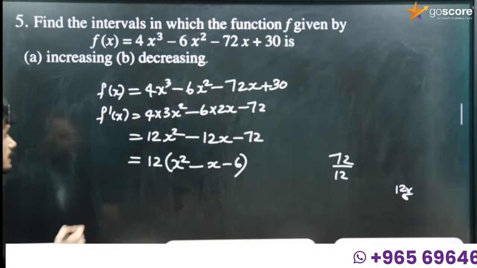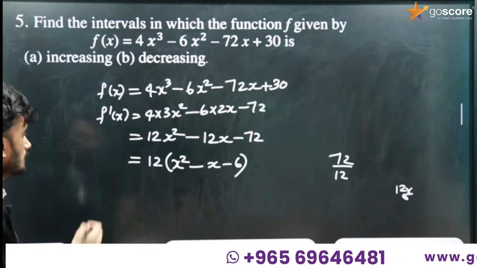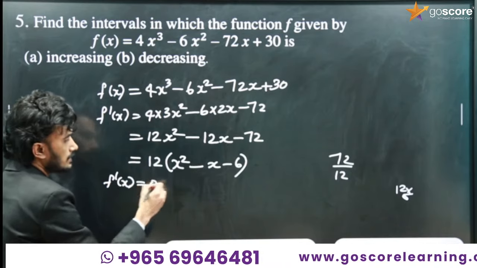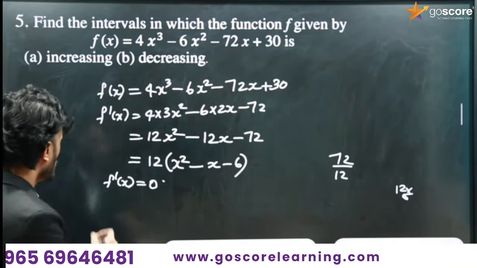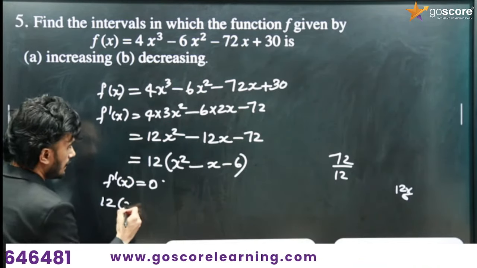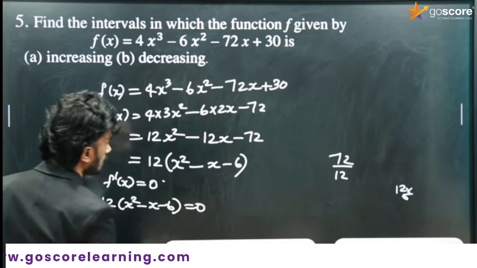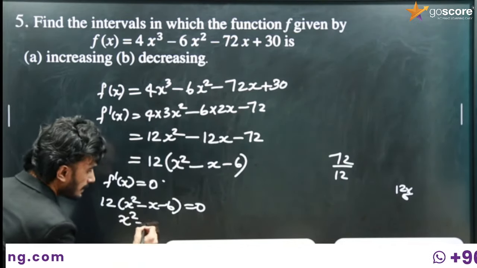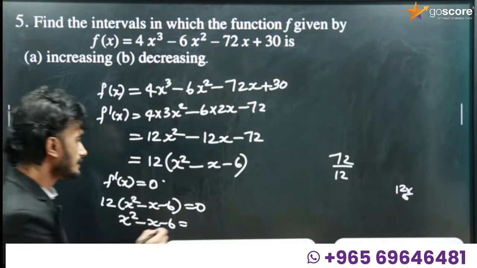Then, next step, we will find the intervals. How can we find the intervals? F dash of x is equal to 0. So 12 into x square minus x minus 6 is equal to 0. Dividing 0 by 12, it is again 0.